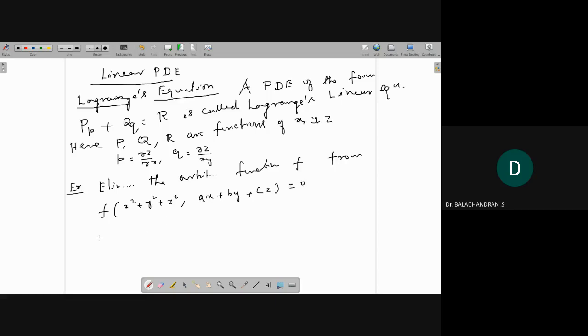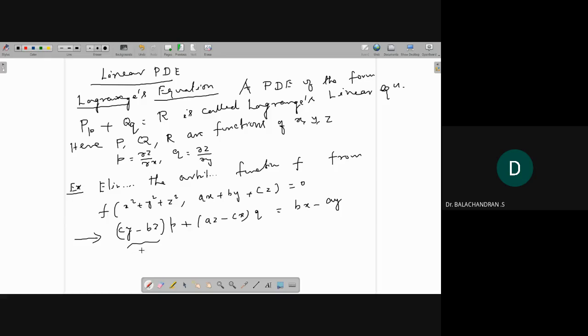If you eliminate, you will get the PDE (cy minus bz) into p plus (az minus cx) into q equal to bx minus ay. So now this is the Lagrange's linear equation.